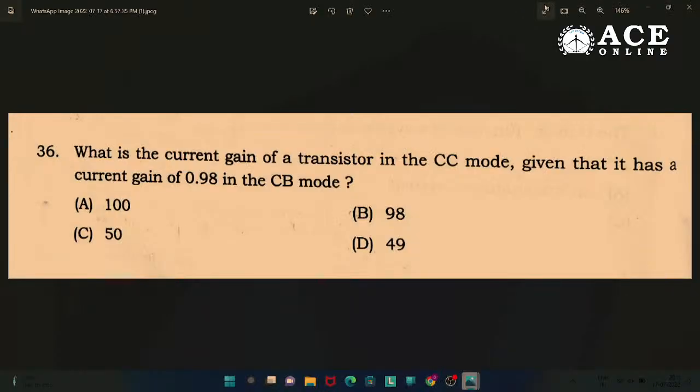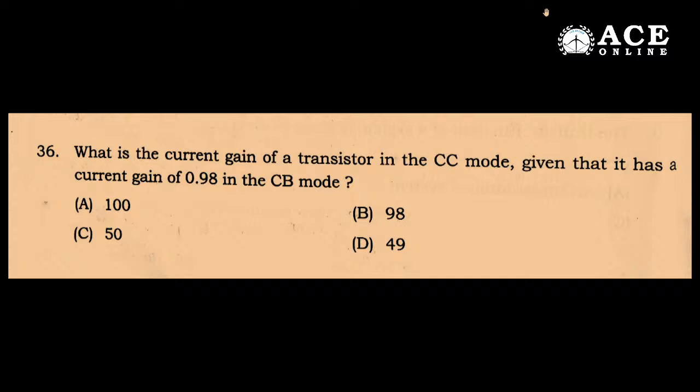Given that it has a current gain of 0.98 in common base mode. Right. Read the question carefully. He is asking the current gain of the transistor in common collector. What is the current gain of a transistor in common collector? Gamma.